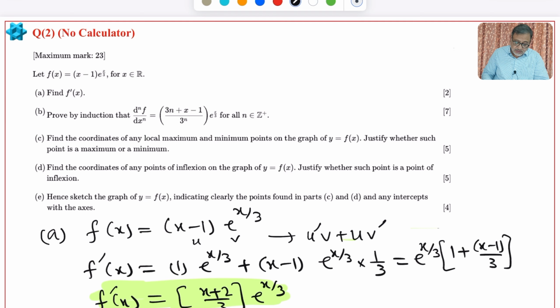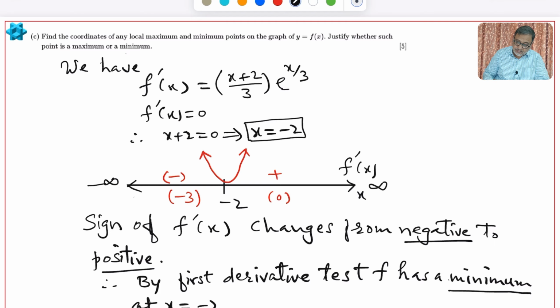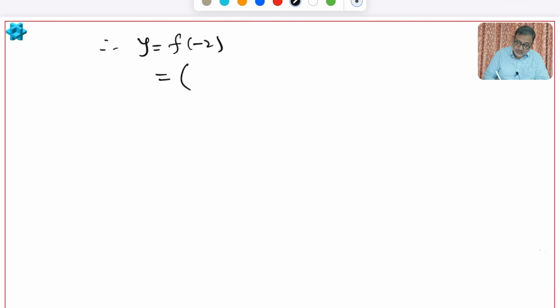So f of x will be x minus 1, e raised to x by 3.